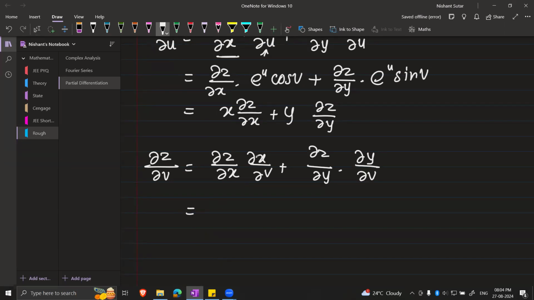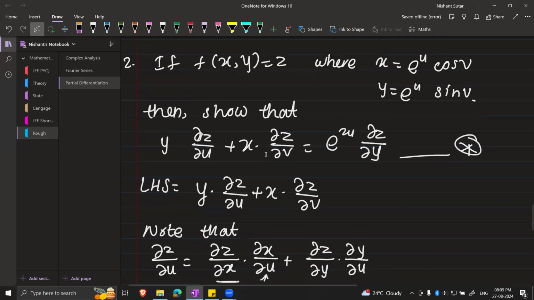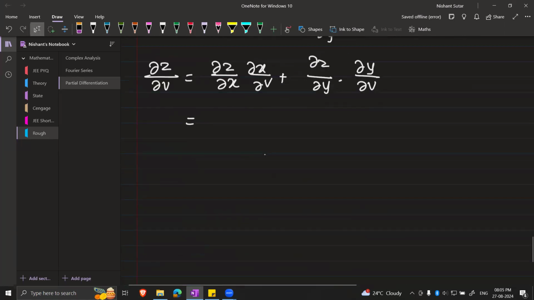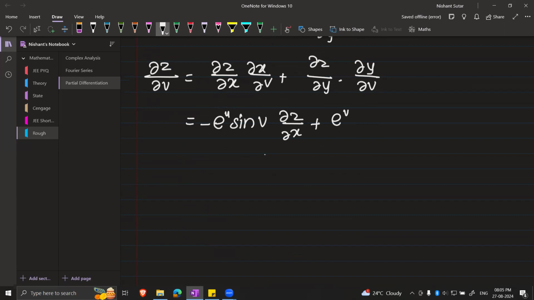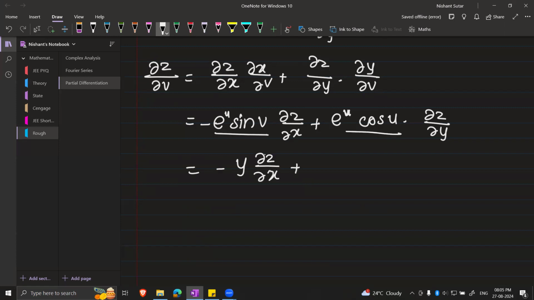So this quantity del z by del v is now minus e power u sin v del z by del x plus e power u cos v into del z by del y. Notice that e power u sin v is our y and this quantity is our x.